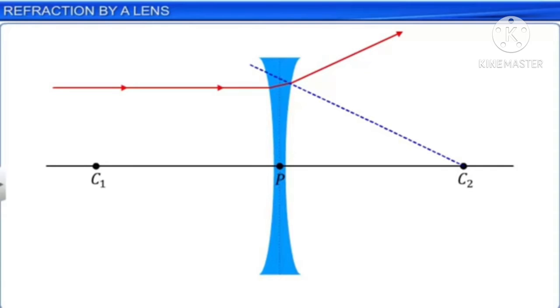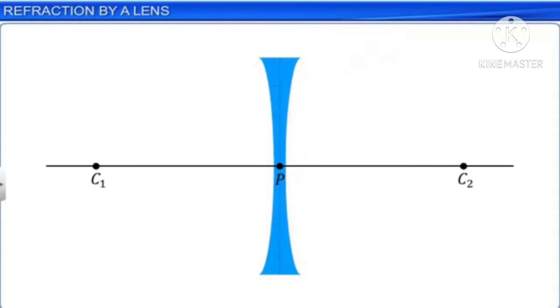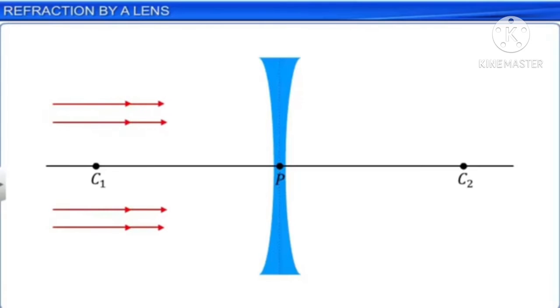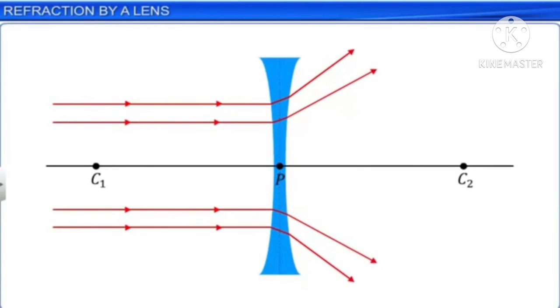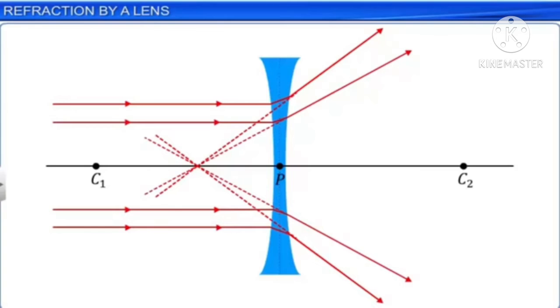Note that if we merely mention principal focus, it means we are referring to the second principal focus. The distance between the optical center and the principal focus is called the focal length f of the lens.